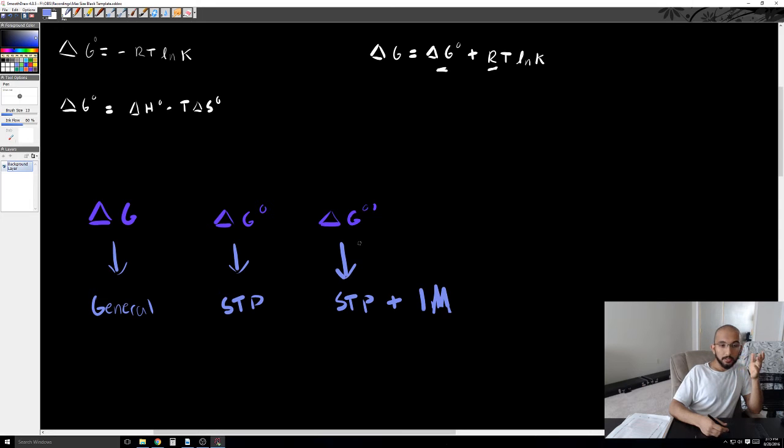Now there's two main ways that we deal with delta G, and these are the 2 equations. This is equation 1, here's equation 2. This one ties delta G to the equilibrium constant, K, which is negative RT ln K, where R is the ideal gas constant, and T is the temperature, and K is the equilibrium constant.